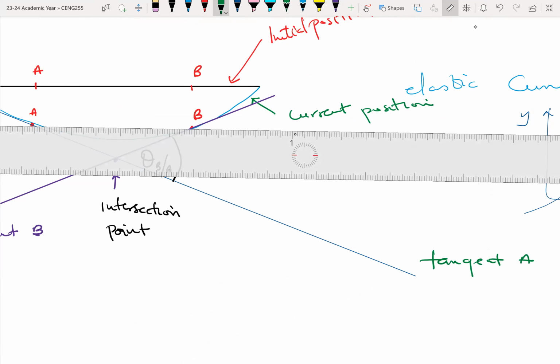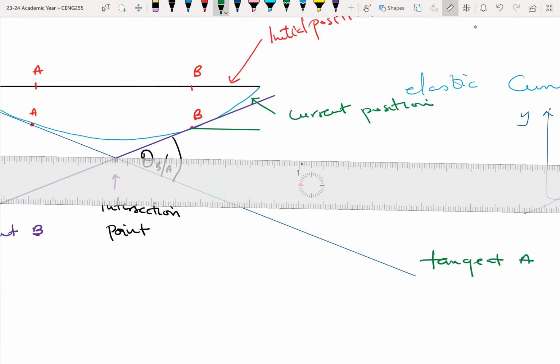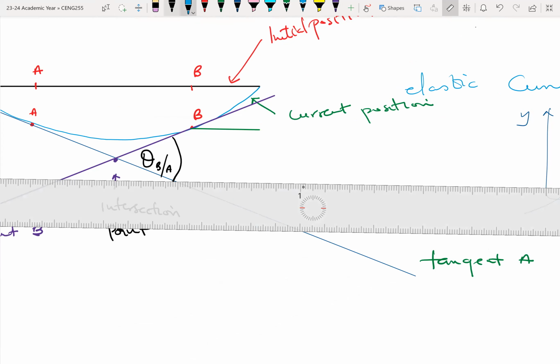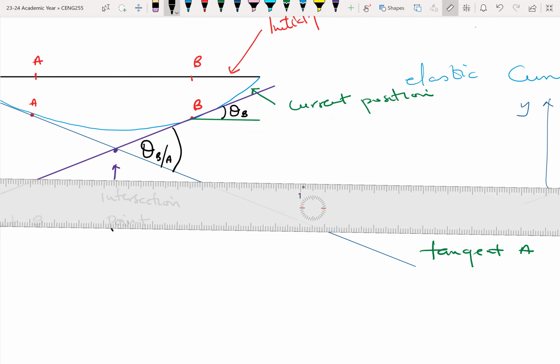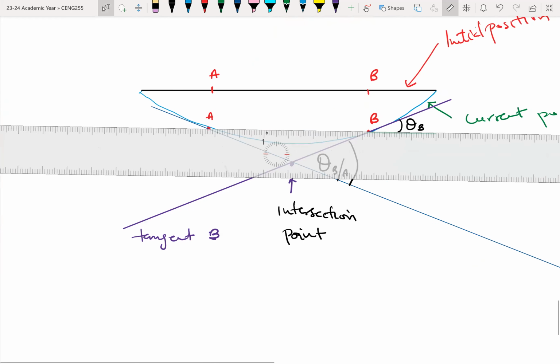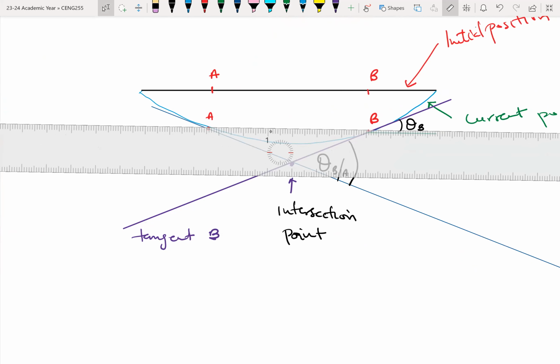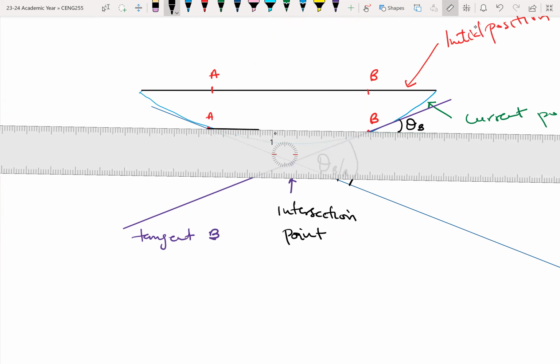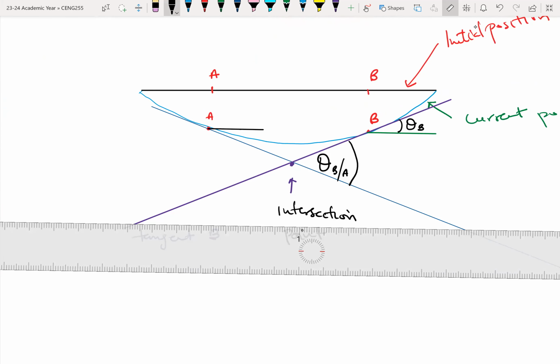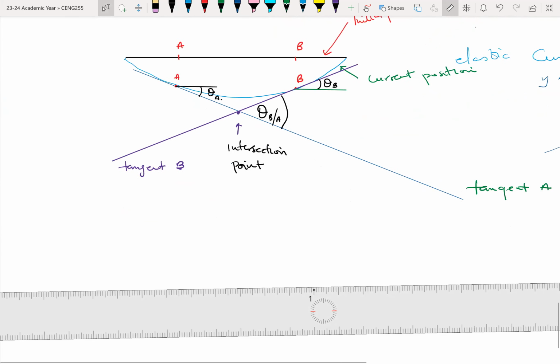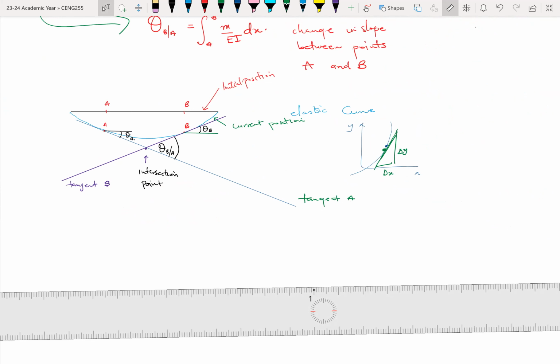So this angle here will be theta B. In the same way, when I come to A, I can draw a horizontal line, and the angle the tangent at A makes with the horizontal is called theta A. These are the key things to note with respect to finding angles.